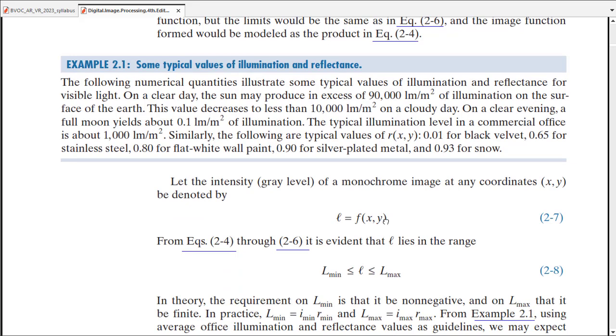These are some typical values of illumination and reflectance. For example, 90,000 luminance per meter square at daytime, and 10,000 luminance per meter square at night time. The reflectance values range from flat white wall paint to snow, and this gives the type of a monochrome image.